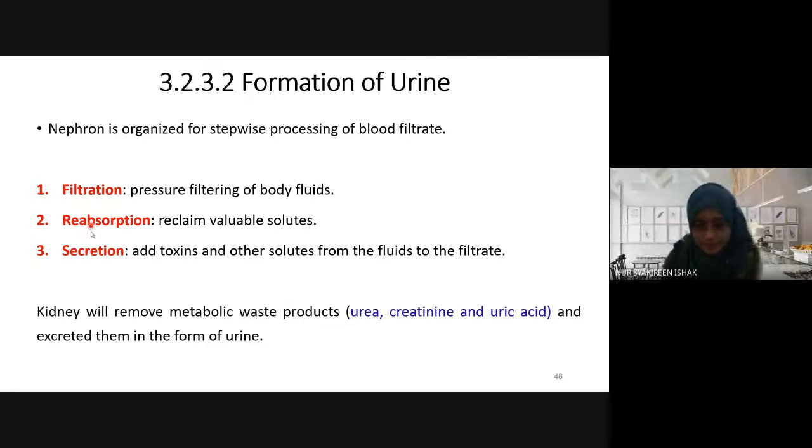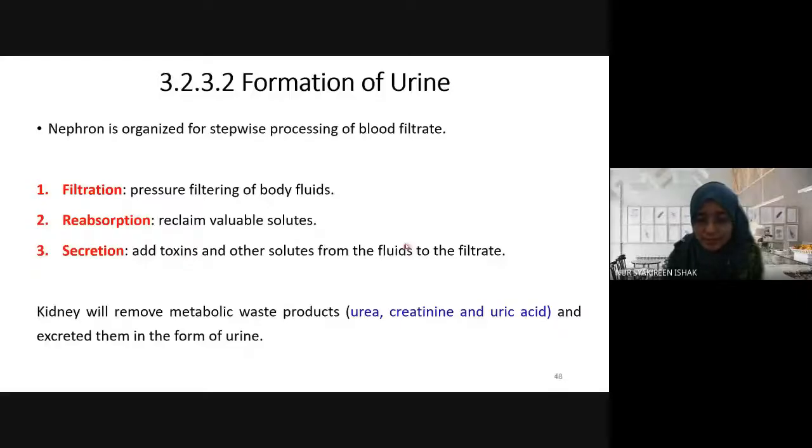Secretion is involved in the formation of the filtrate. Secretion adds toxins and other solutes from the blood flow into the filtrate in the tubules. The kidney will remove metabolic waste products such as urea, creatinine, and also uric acid, and secrete them in the form of urine. Okay, so these are the three major processes.